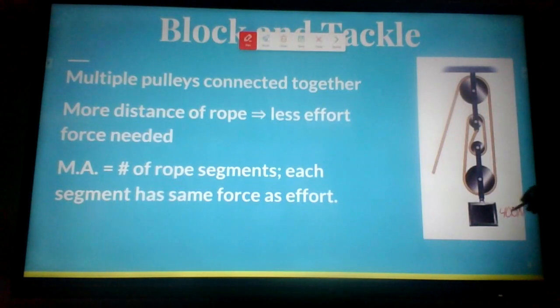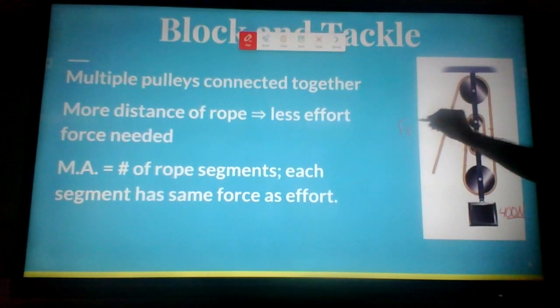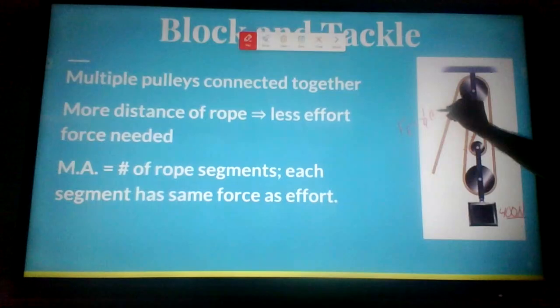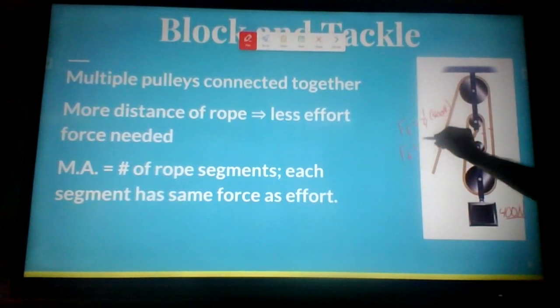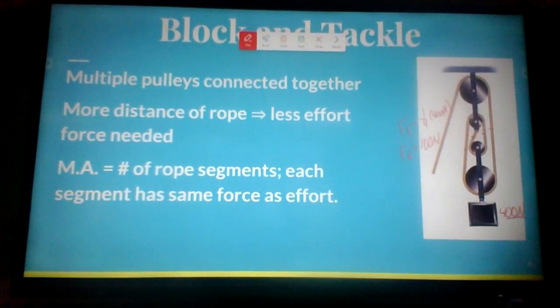Since we're able to lift 400 newtons with 1, 2, 3, 4 segments of rope, then our force of effort is actually going to be 1/4 of that 400 newtons. That's going to allow us to use only 100 newtons, which is around 22 pounds of force to lift 400 newtons, which is around 90 pounds actually. And that's because our 100 newtons of force is also here, here, here, and here.